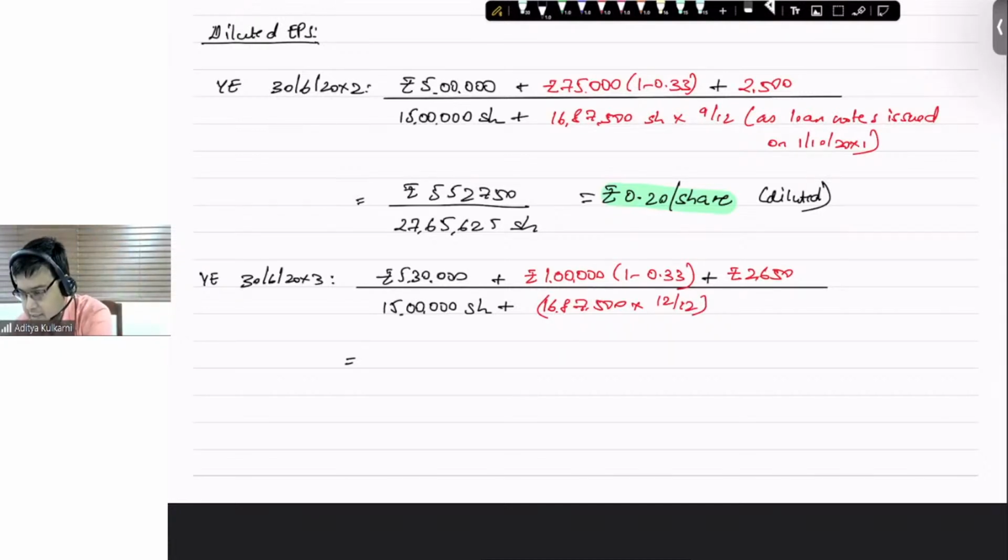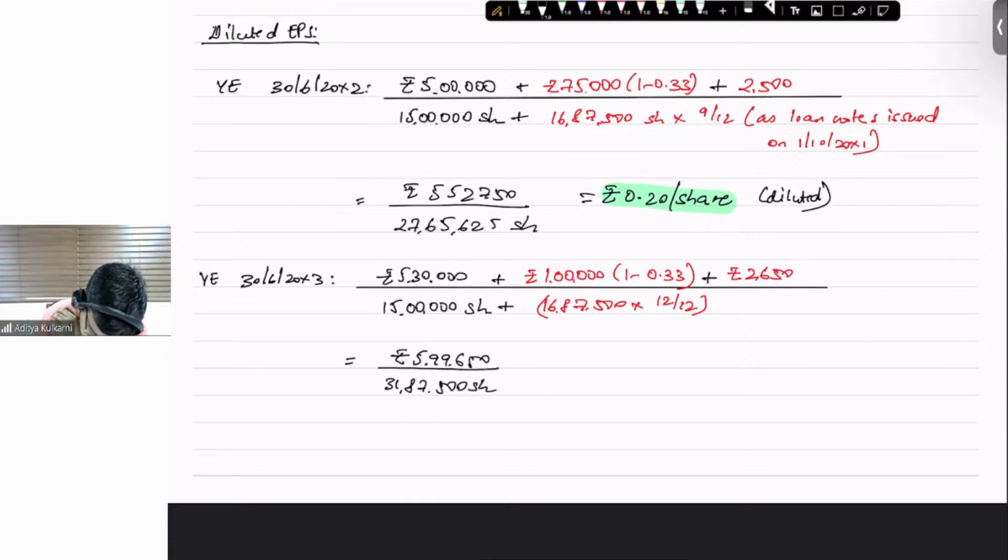So 5,30,000 plus 67,000 plus 2650 is 5,99,650, divided by 16,87,500 plus 15 lakhs, which is 31,87,500. That gives 0.19.